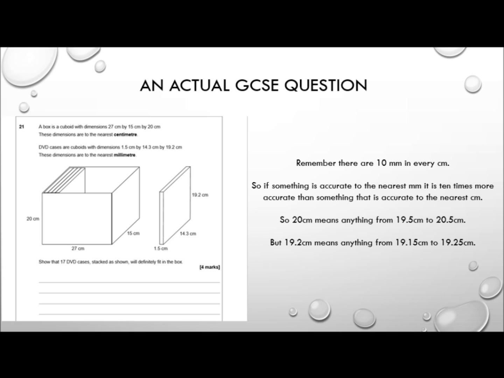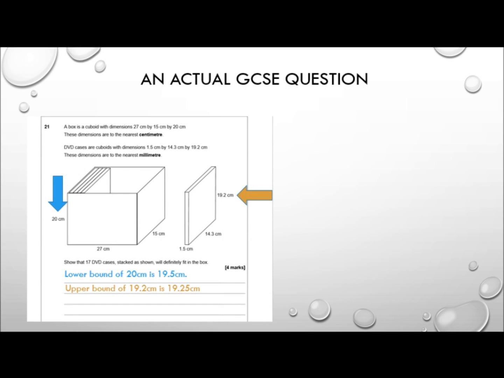But 19.2 centimetres means anything from 19.15 centimetres up to a maximum of 19.25 centimetres. Now, to make sure something will fit, we want to make sure that the largest possible size of the thing we're trying to fit is still smaller than the smallest possible size of the thing it's trying to fit into.